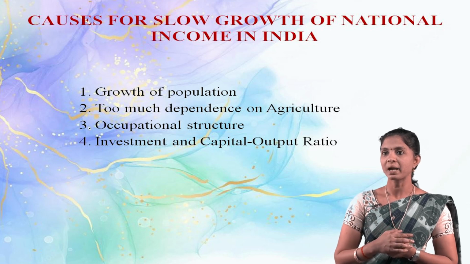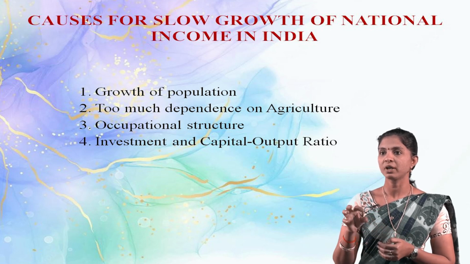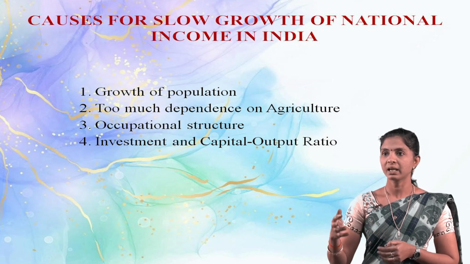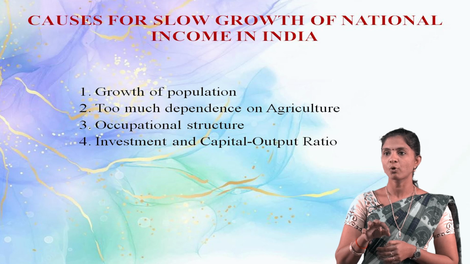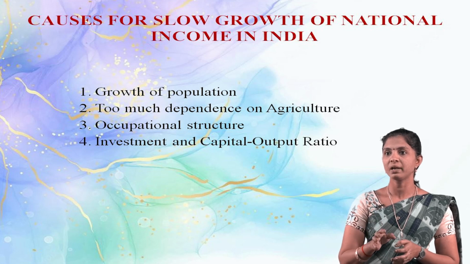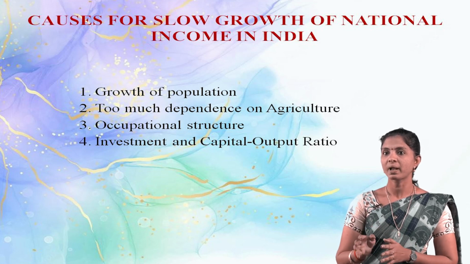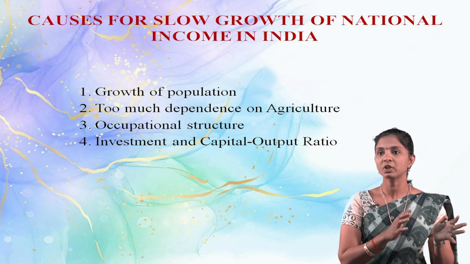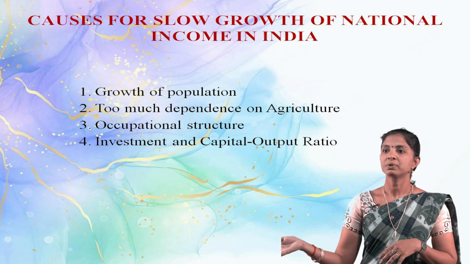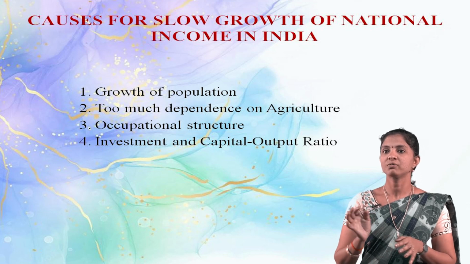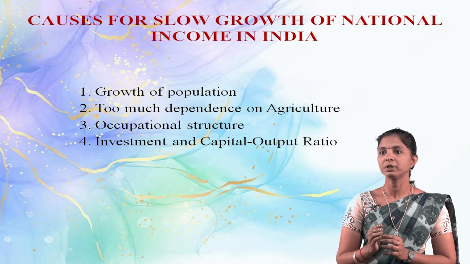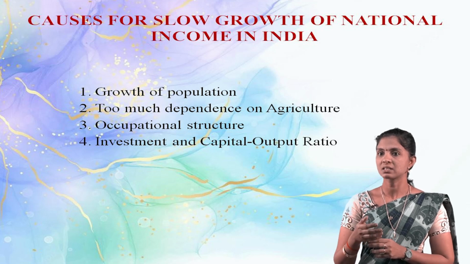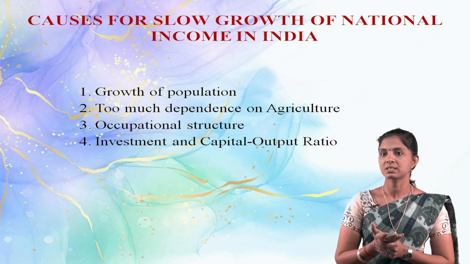During the first plan period, an investment of 8% of national income was made, and in the second plan, an investment of 12.7% was made, and in the subsequent plans, it ranged from 10% to 14%. This rate of investment is considered to be very poor, and it is said that it should exceed 20%.